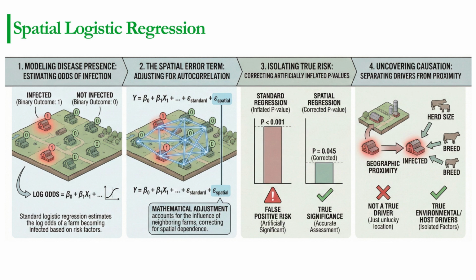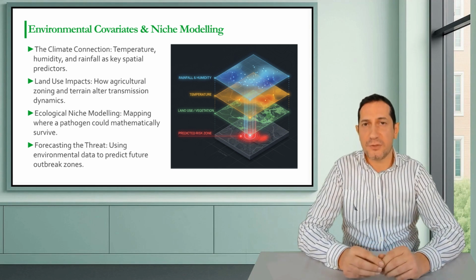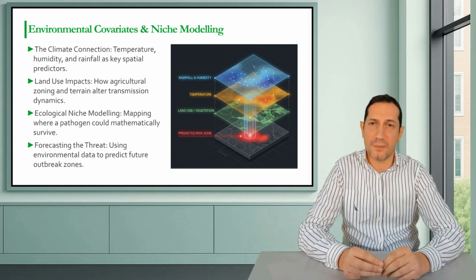Spatial logistic regression addresses this by adding a spatial term to the model, often described as a spatial error term or spatial random effect. This adjustment accounts for the influence of neighboring farms. When we build spatial regression models, many of the covariates we include come from the environment.